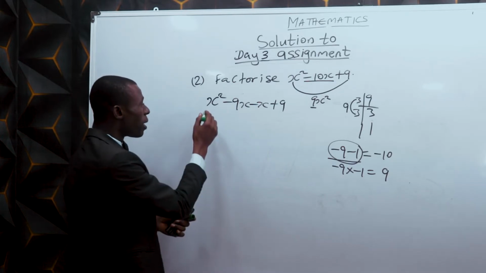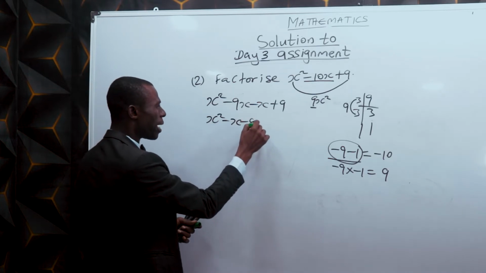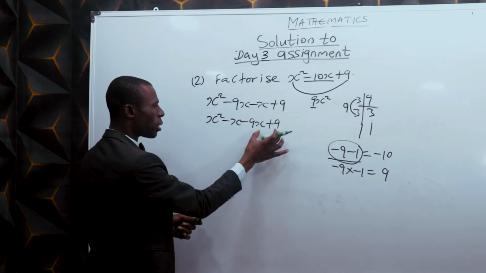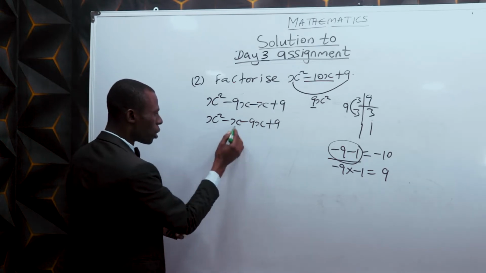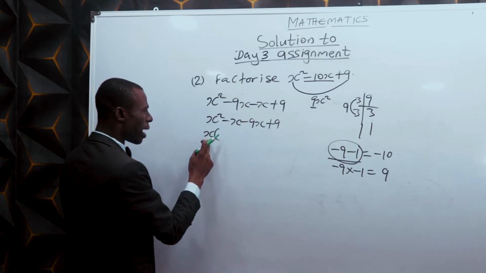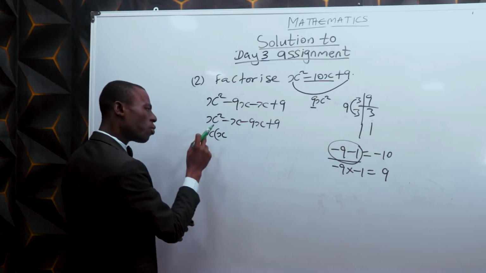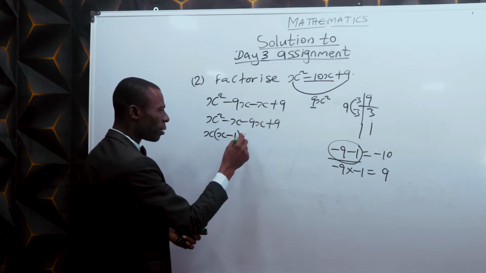If you like, you may rearrange as x squared minus x minus 9x plus 9, so that they will align. You understand? So what is common to these two terms? x is common. So use the x to divide x squared to have x. Use the x to divide minus x to have minus 1.